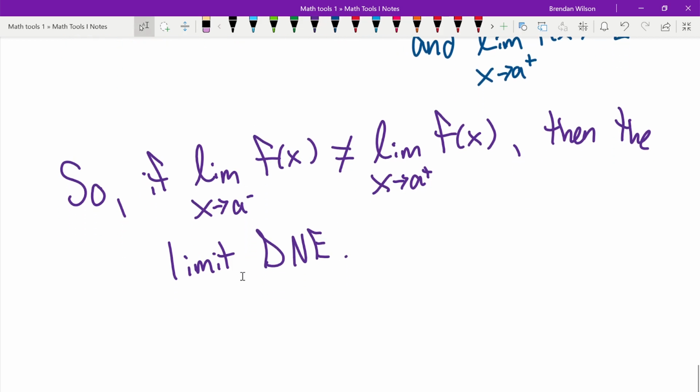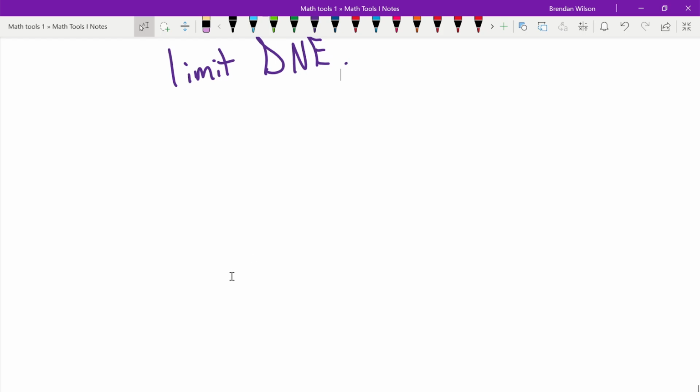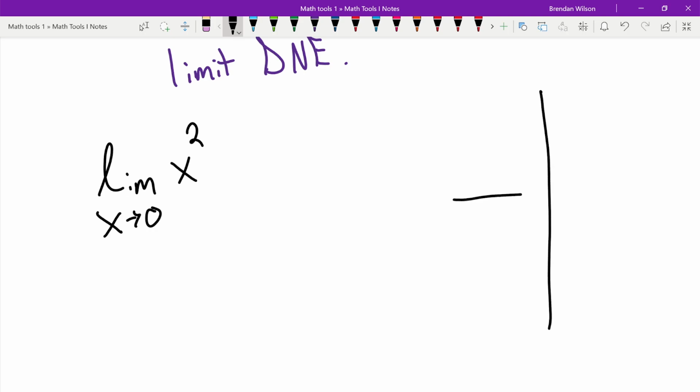So let's look at a simple example where the limit will exist because the one-sided limits are the same thing. So if we just look at something like the limit as x approaches 0 of x squared, right? We should be familiar with the x squared graph by now, so I'll just draw a quick sketch of it.